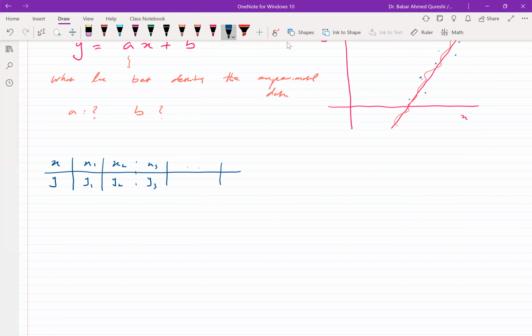So suppose you have up to m points in your data, and m is some number. So when you put this back in this equation, you have these kind of linear relations you are generating.